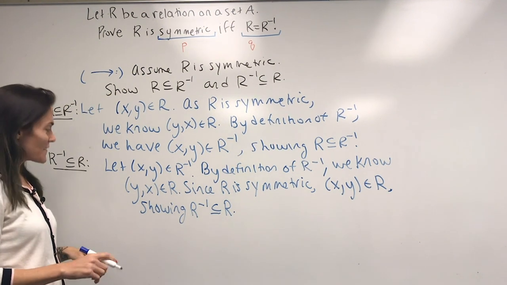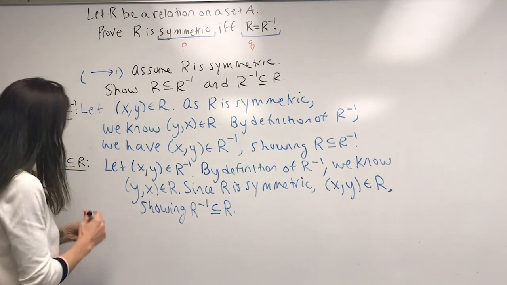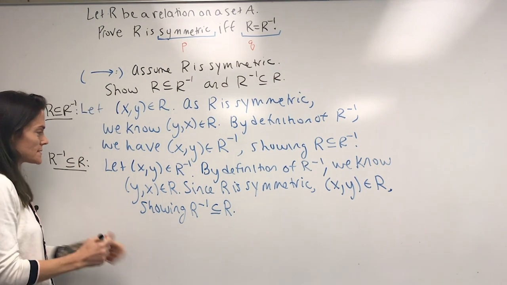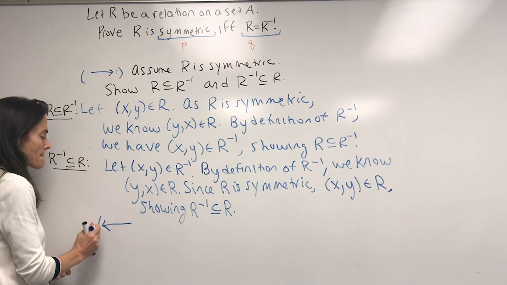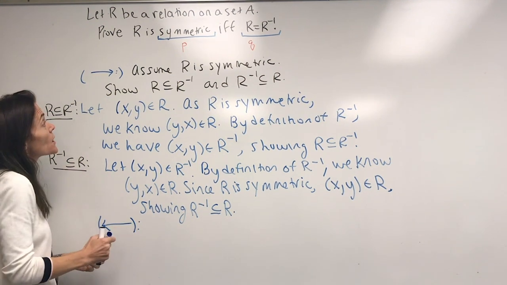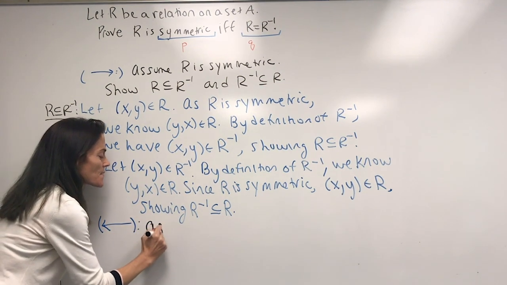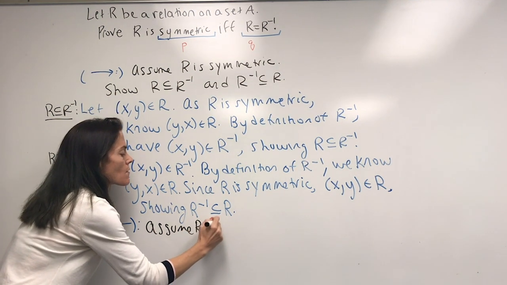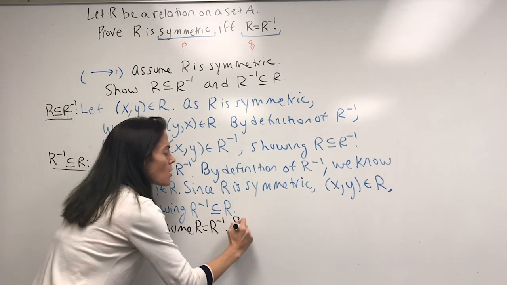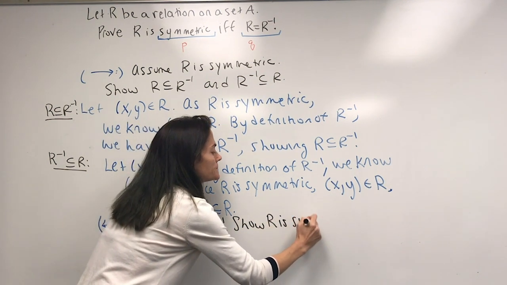Okay, now, very good. Well, the other direction of the proof, going this way, this is in blue. We assume R equals R inverse, and we want to show R is symmetric.